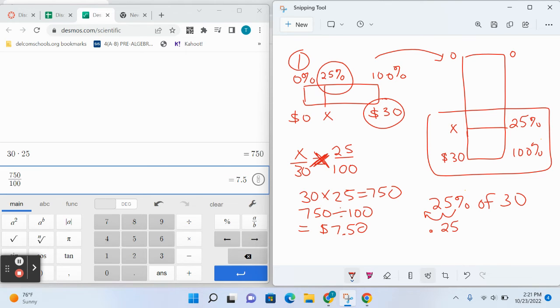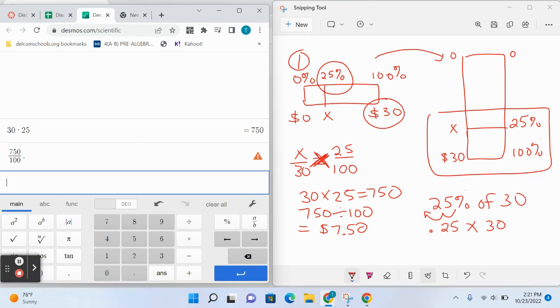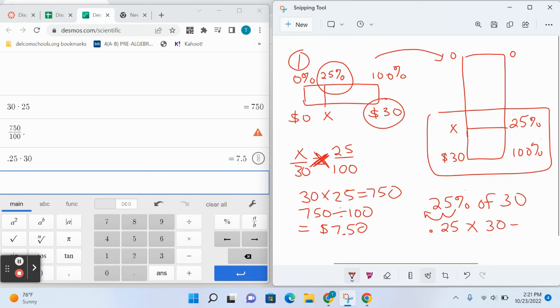Move the decimal point two places to the left, which would be 0.25. Know that of means times. Then take your calculator: 0.25 times 30 gives you 7.5 right off the bat, in one step. Either way, the markup is $7.50. So we did that both ways in class.